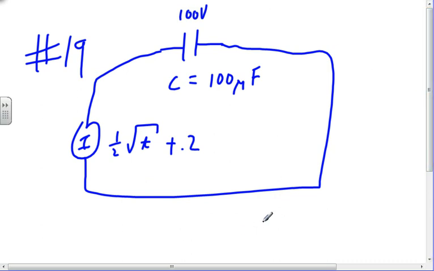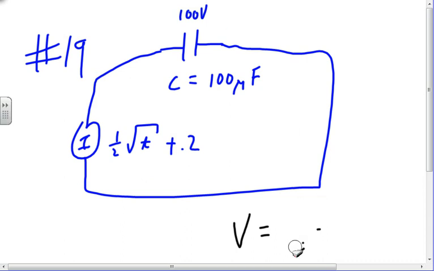What's the voltage across the capacitor?